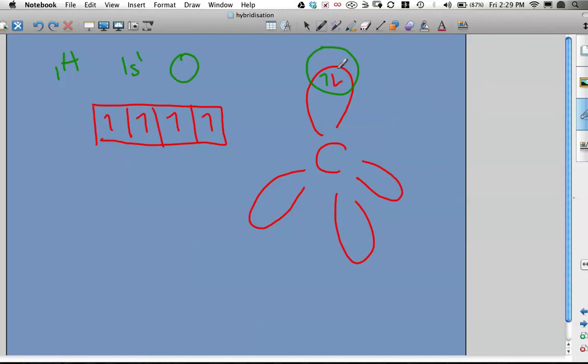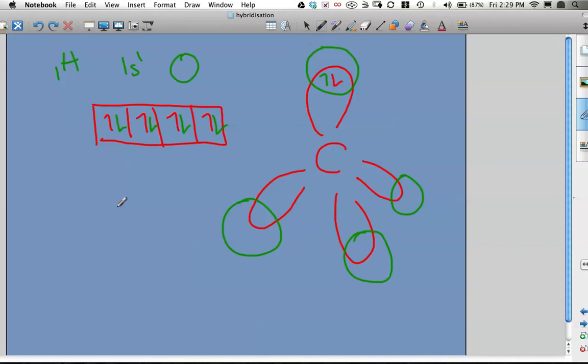And that same thing happens throughout the molecule. 1, 2, 3. So you have 4 situations where carbon overlaps with hydrogen in that way, and 4 situations where you have the sharing of covalent bonds. So you have 4 single covalent bonds.